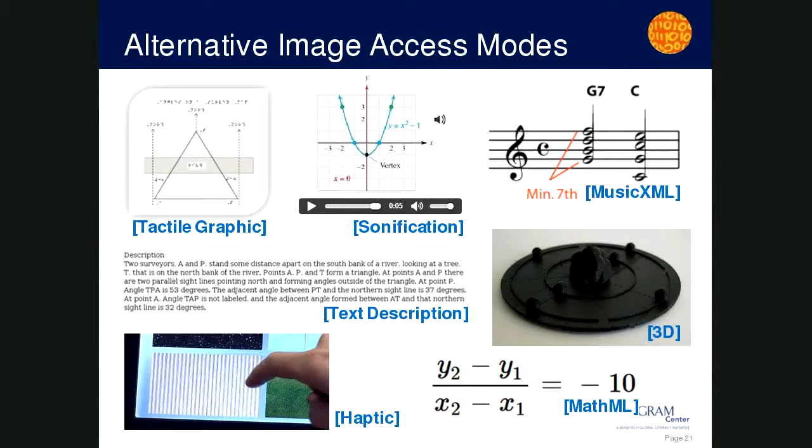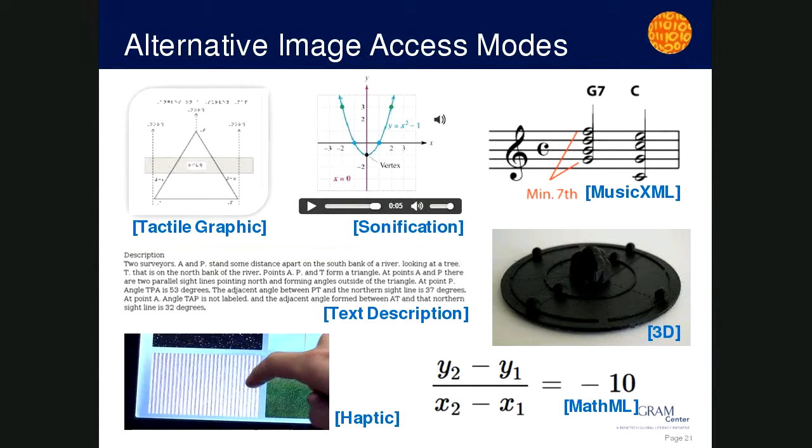There's also different markup languages that we've mentioned. So there's things like markup languages specifically to address math content or music content. We talked about text descriptions. There's also, in addition to tactile graphics, haptics, which is almost like traditional paper tactile graphics, but in a tablet or digital form, where you would be able to get feedback as you're working with a tablet.